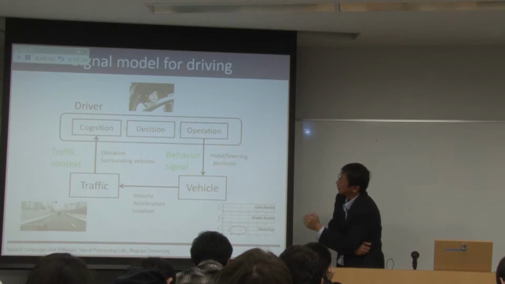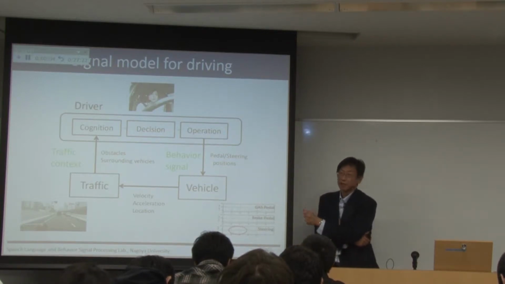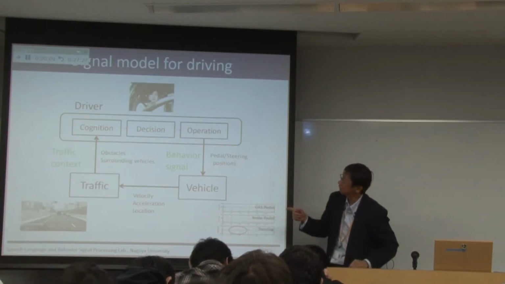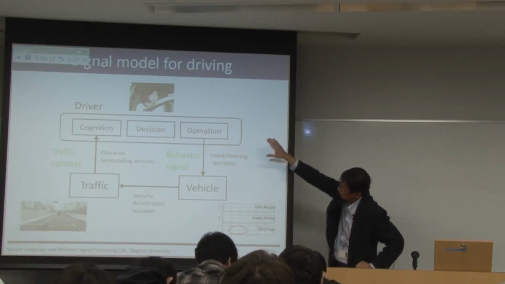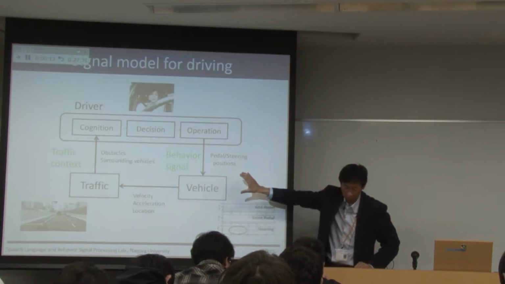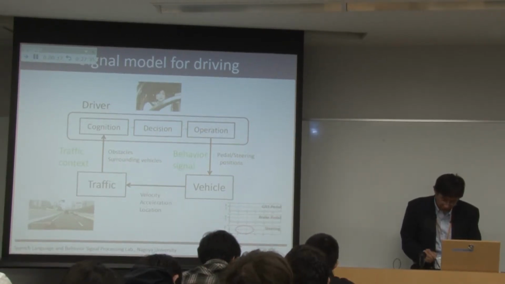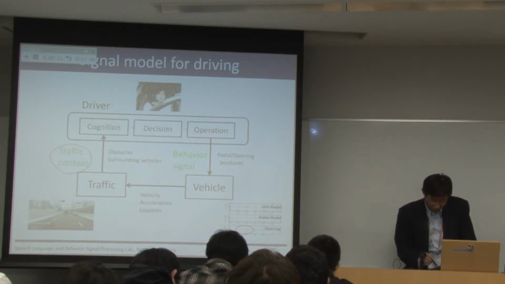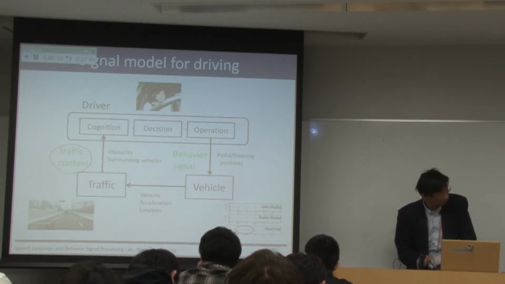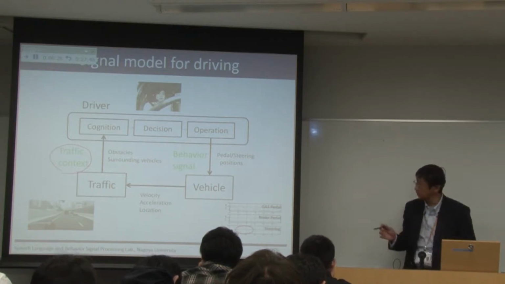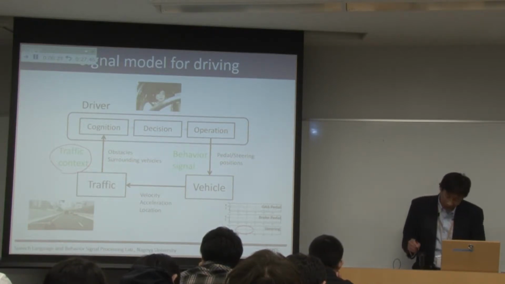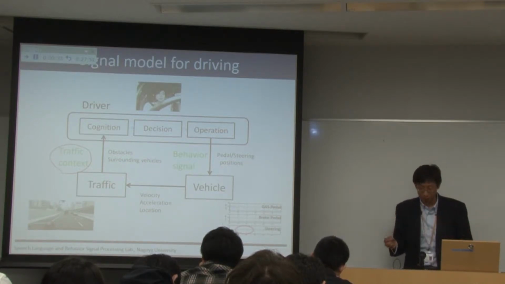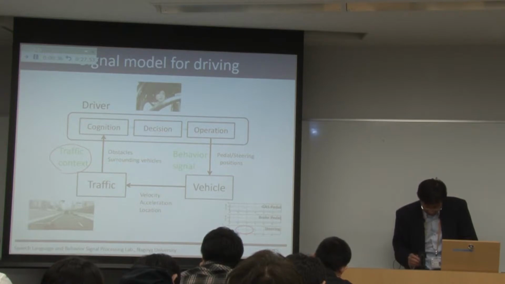So, okay, this is circulation. We see circulation here. This is the loop of data flow among driver, environment, and vehicle. It's clear. We are in some traffic context, and then the driver does a cognition process, decision process, and operation process. Through those processes, we produce some behavior which can be measured anyway.